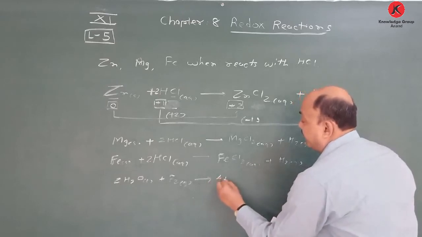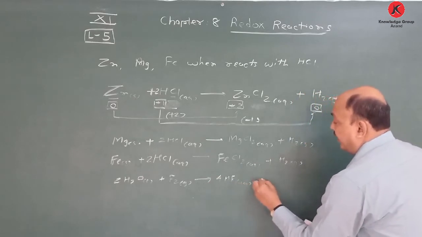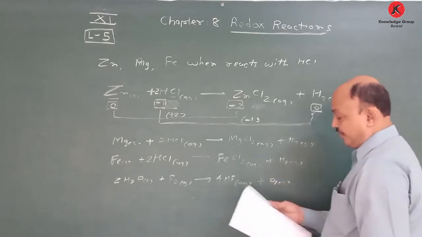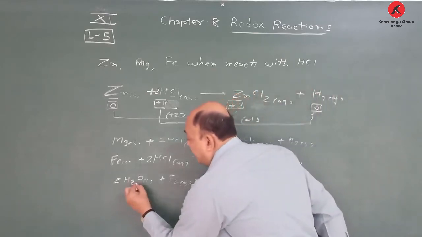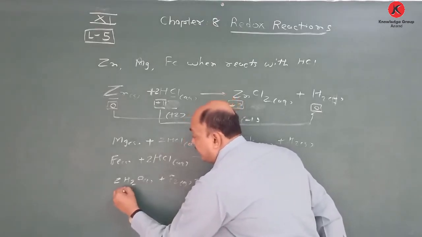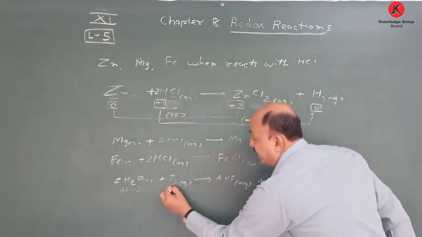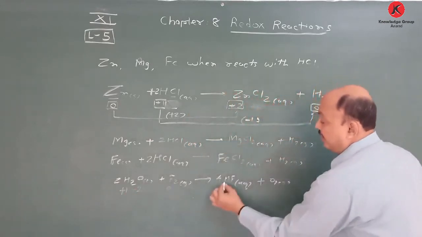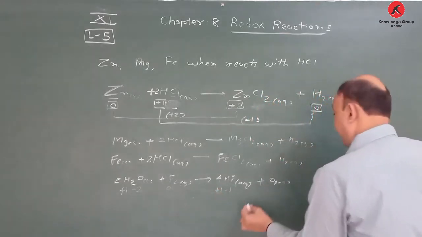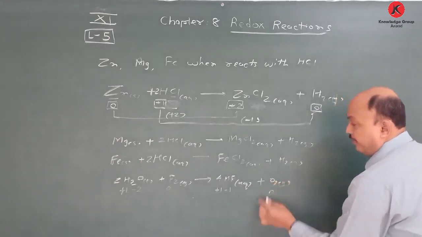HF, hydrogen fluoride, which is in aqueous form, and here O2 gaseous form. So first of all, write down here oxidation number. Here oxidation number of hydrogen is +1, oxygen is -2, free state F2 gaseous form is 0, hydrogen +1, fluorine -1, and O2 in a free state is considered as 0.